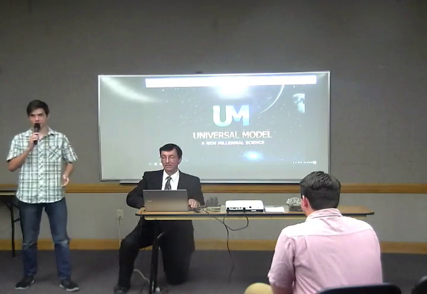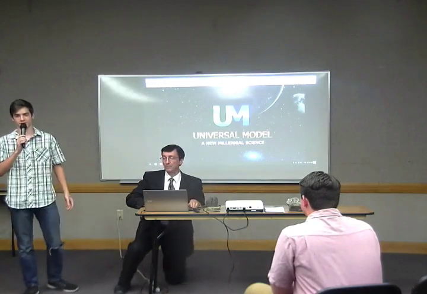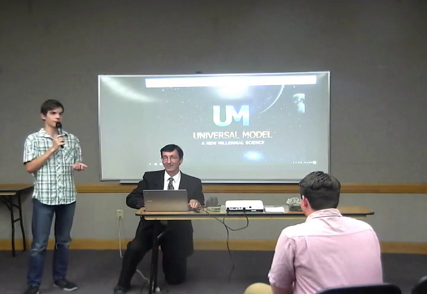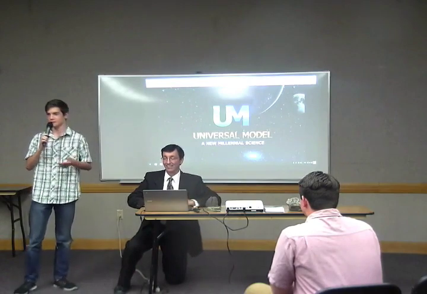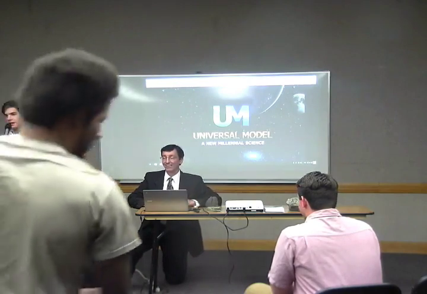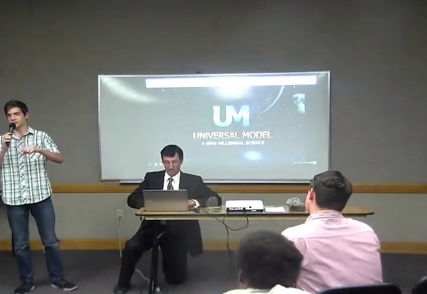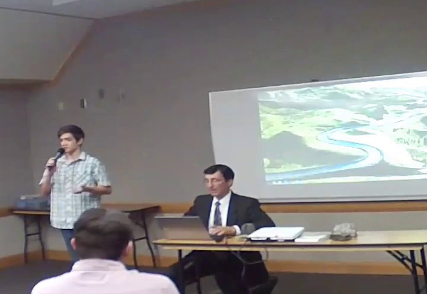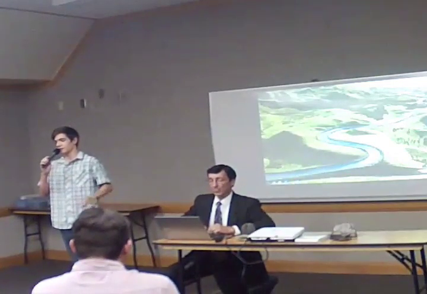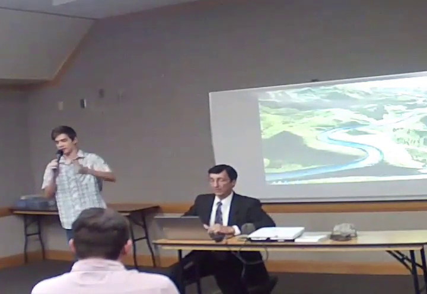So I'm going to talk about the Arizona impact crater. If you go to the site, it says that it's an impact crater and it's a meteorite. If you read some of the signs, they say that the impact was created by a 300,000 pound iron meteorite that hit the ground.